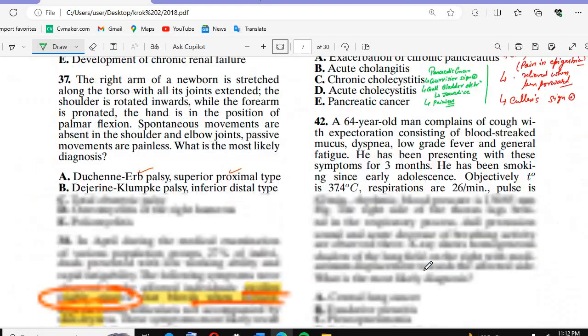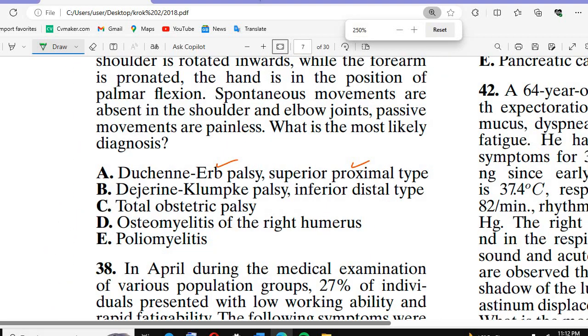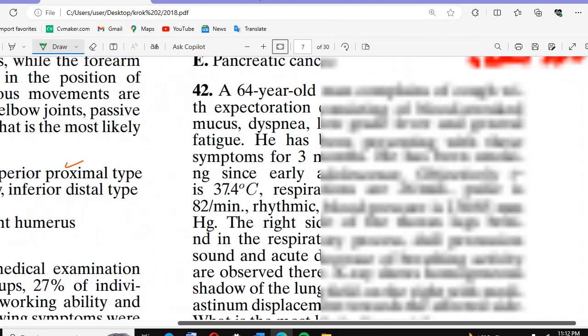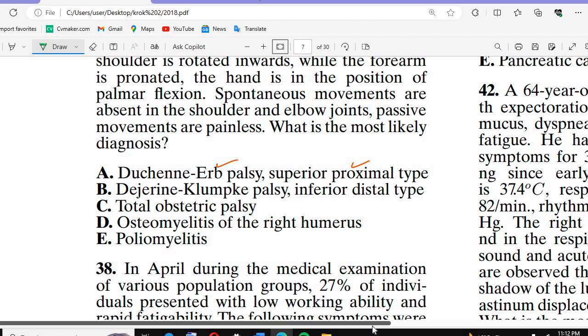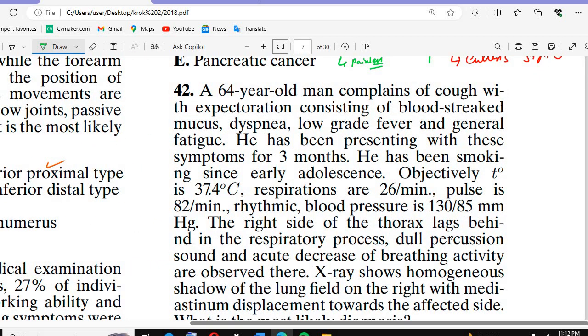In one option they give you the answer central lung cancer, and in another they give peripheral lung cancer. A 64-year-old complained of cough with expectoration consisting of bloody streaked mucus, dyspnea, low-grade fever, and general fatigue for 3 months. He has been smoking since early adolescence.